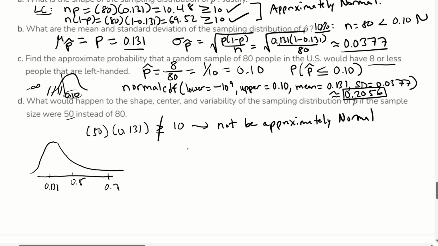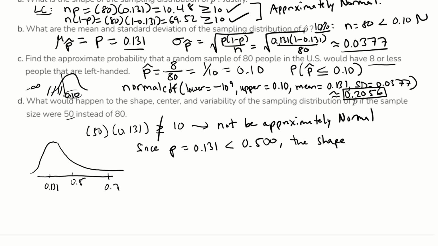But if there's a balance between the p and the sample size, then it's going to make it normal. Here, since the sample size is too small, it's going to make it skewed right. All right, so since p is 0.131, which is less than 0.5, the shape is skewed right.